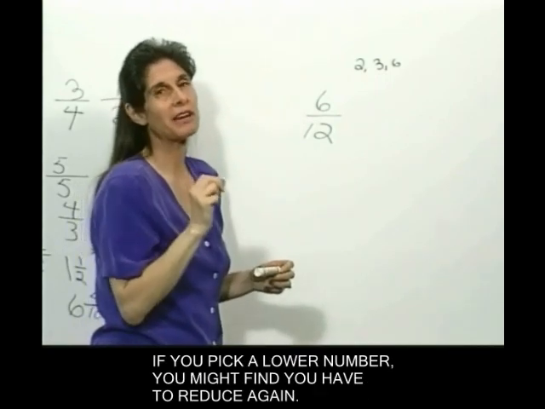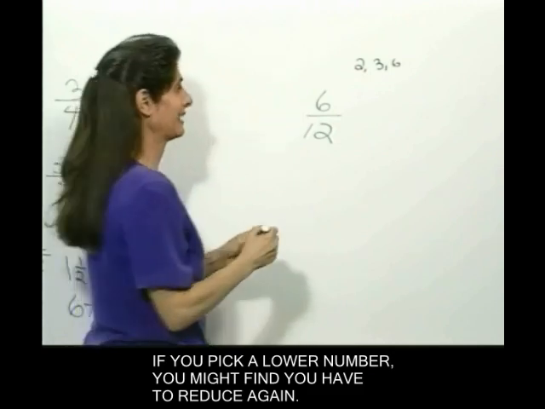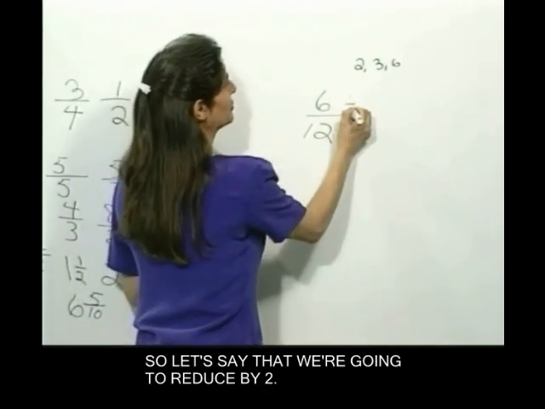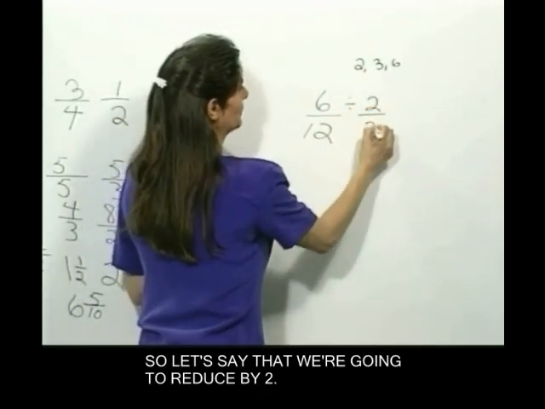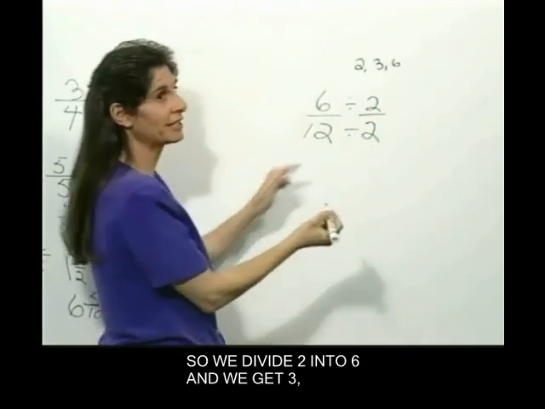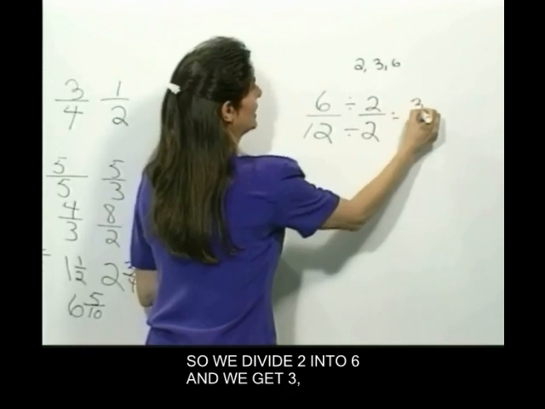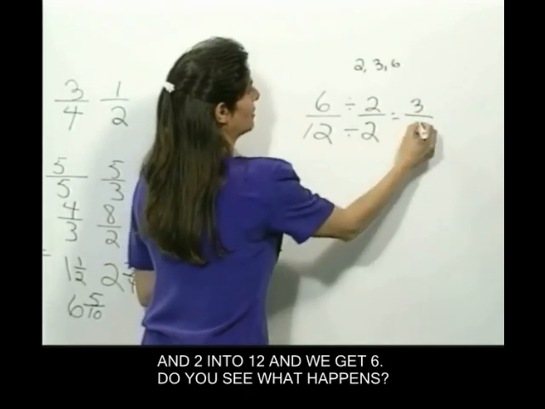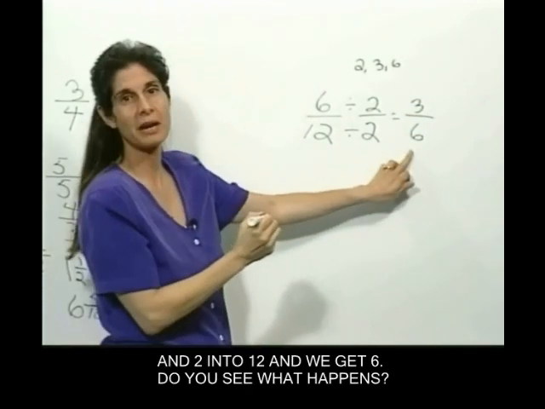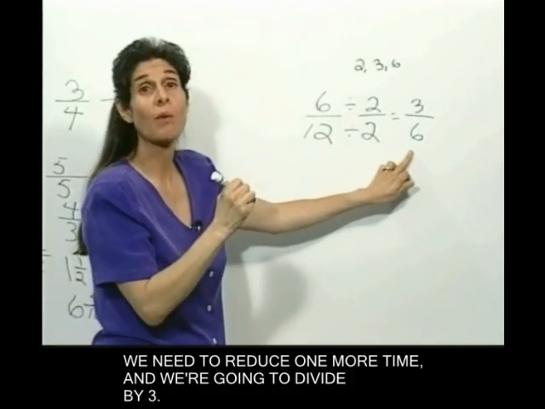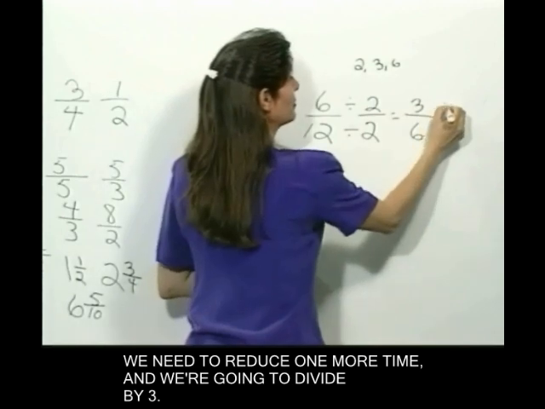If you pick a lower number, you might find you have to reduce again. So let's say that we're going to reduce by 2. So we divide 2 into 6, and we get 3, and 2 into 12, and we get 6. Do you see what happens? We need to reduce one more time, and we're going to divide by 3.